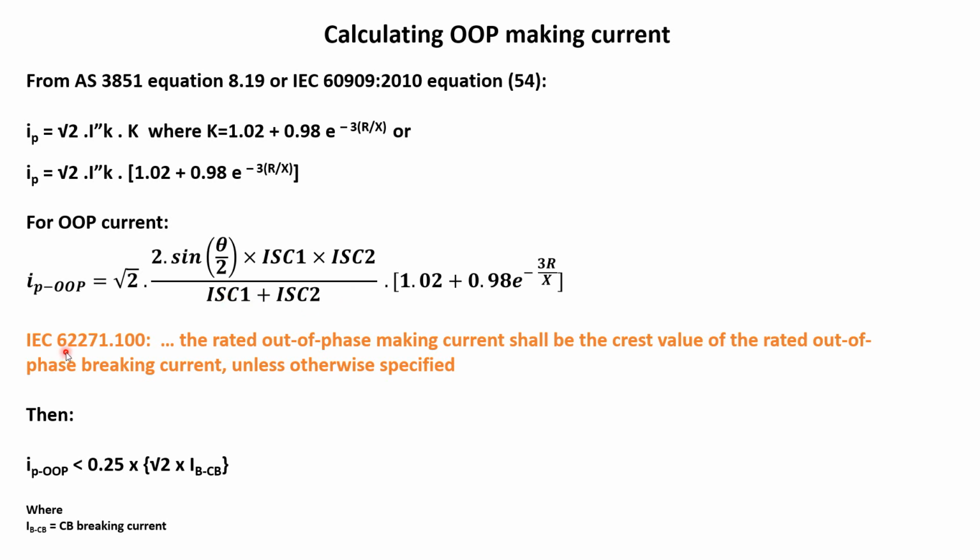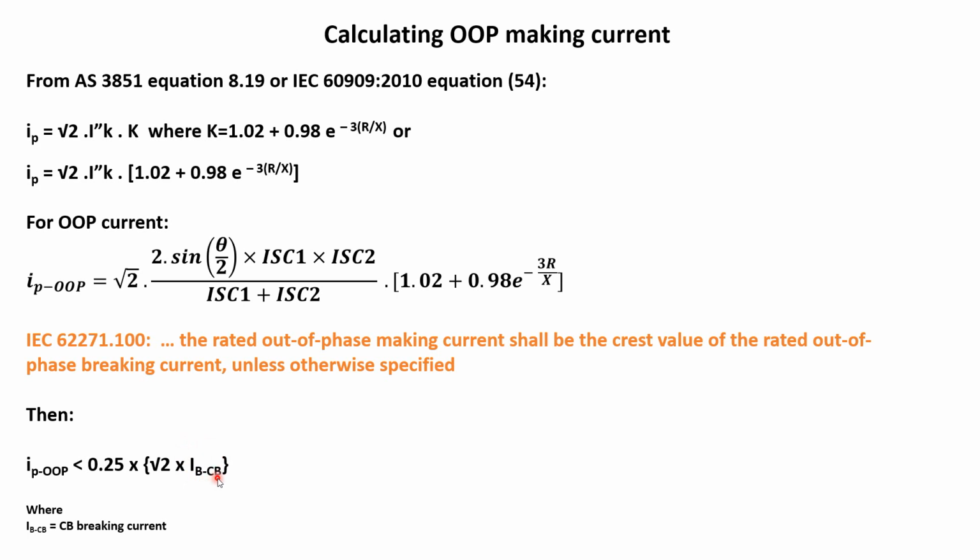We return to the IEC standard to see what the criterion is. The rated out of phase making current shall be the crest value of the rated out of phase breaking current unless otherwise specified. What is the crest value of the rated out of phase breaking current? If IBCB is the circuit breaker breaking current, the crest value in the conservative case, which is the minimum crest value, is the square root of 2 times the circuit breaker breaking current.